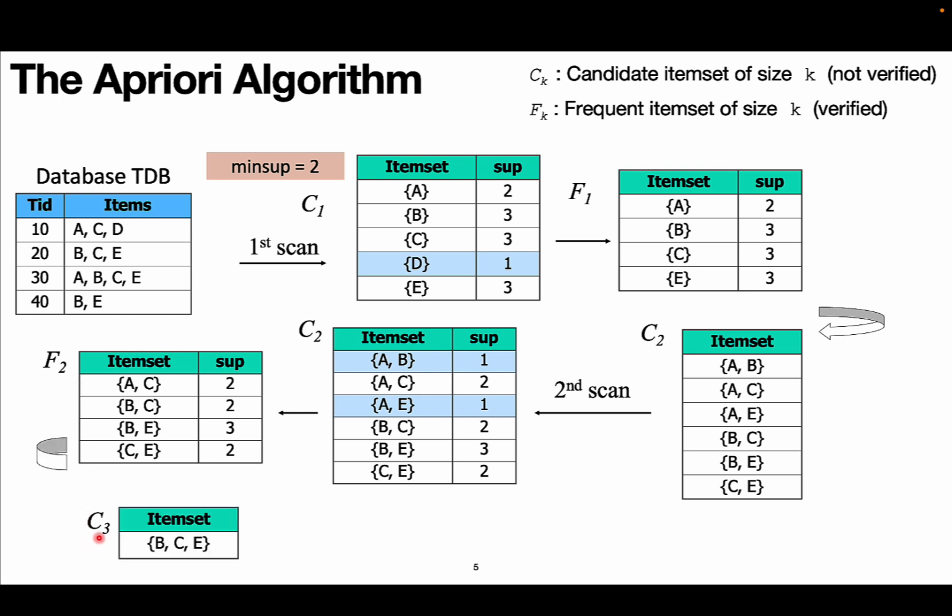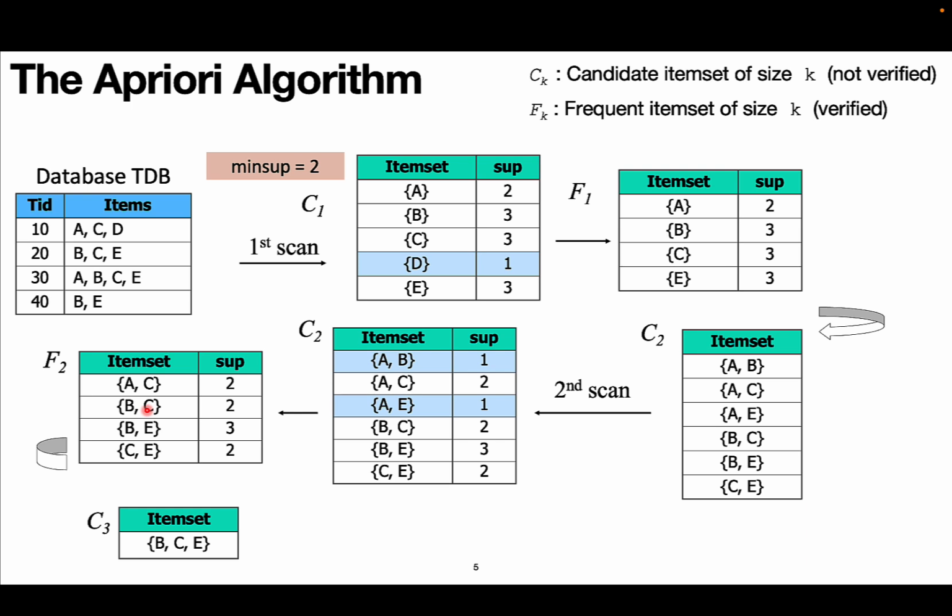To generate candidate item sets of size 3, now the algorithm has more opportunities to be more aggressive in the pruning process because the downward closure property can be directly applicable here. Let's say in a very informal way that when the algorithm generates the next candidate of size 3, it will consider the item sets that share a prefix like BC, BE, and it will not consider item sets that share a suffix like AC, BC.